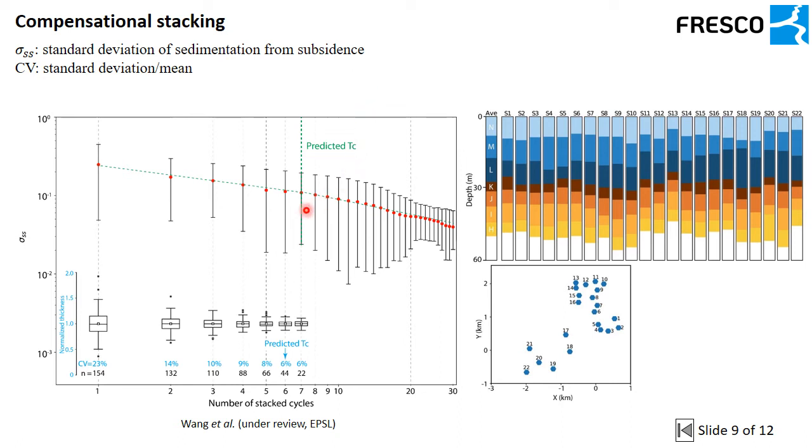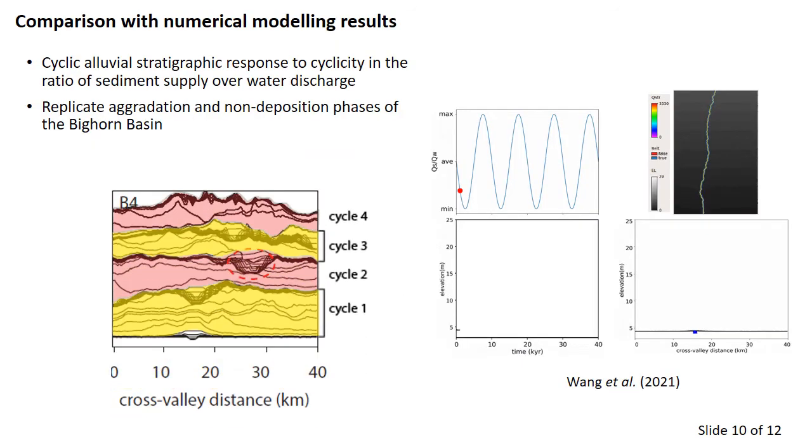When it's fully compensated, then we see this nick point. So this metric indicates a predicted TC of 7 cycles. But we have to highlight that much compensation is already happening in the first 3 cycles if you look at those values. We also want to have a look at numerical data.